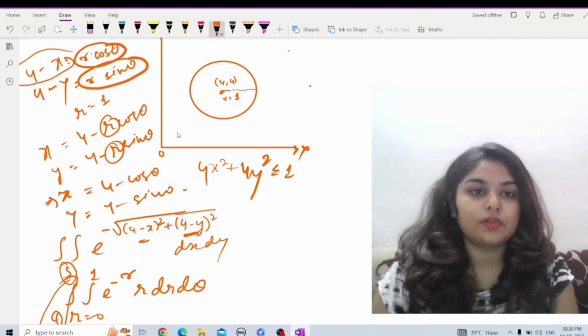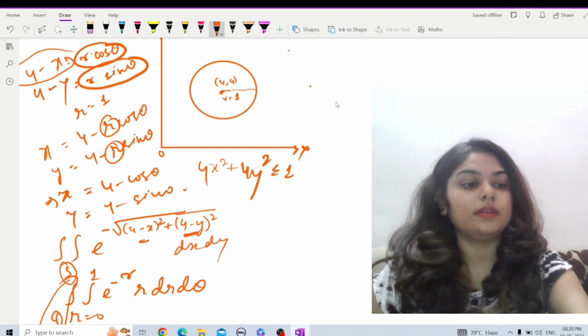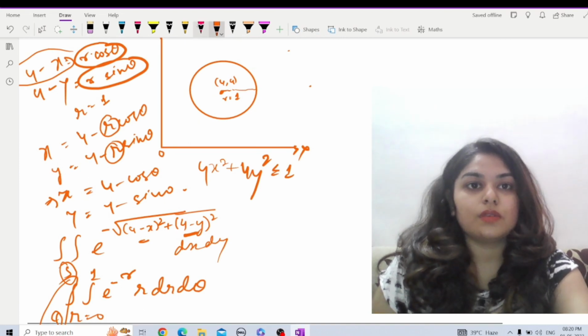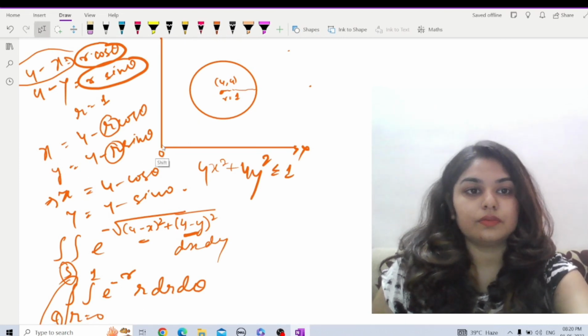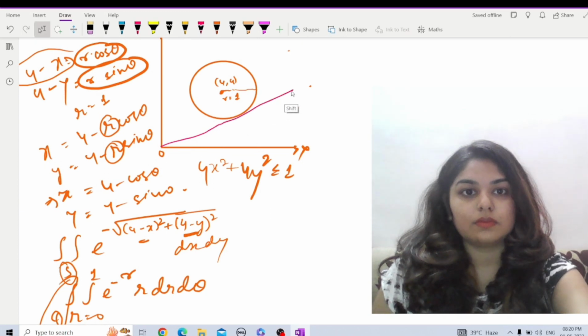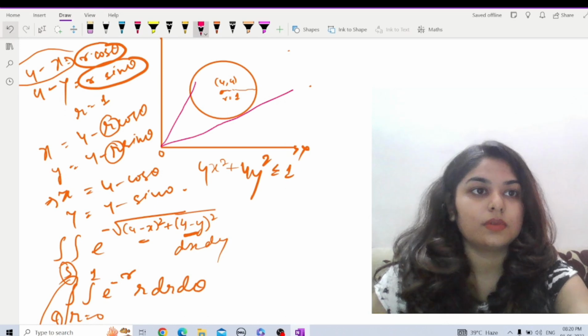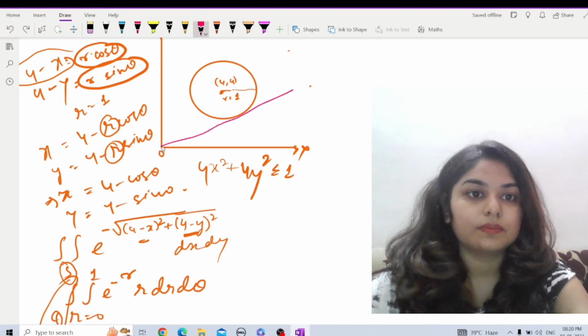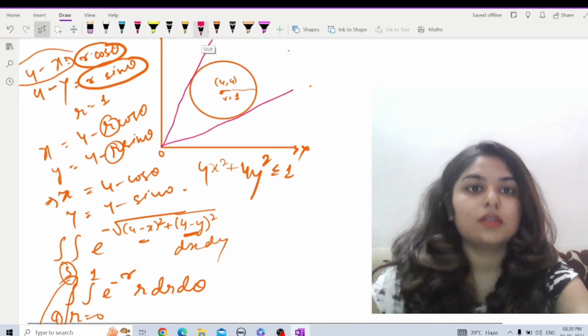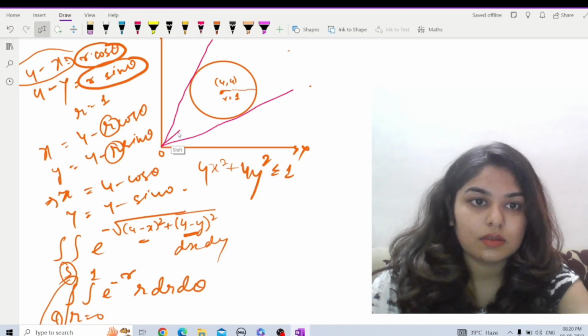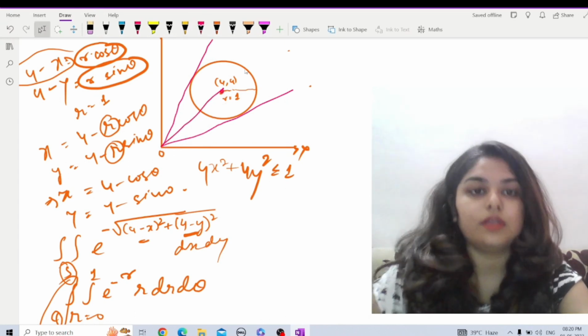For that let us first make two tangents. From the origin let us draw the tangent. Here is one tangent, here is one other tangent, and we have a point here.